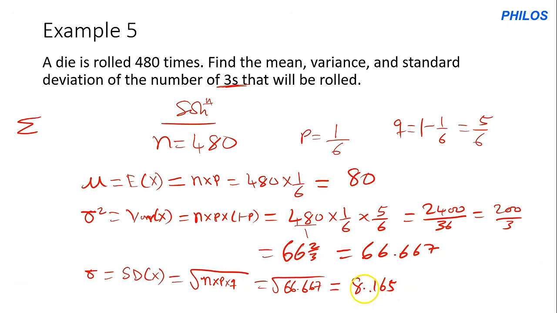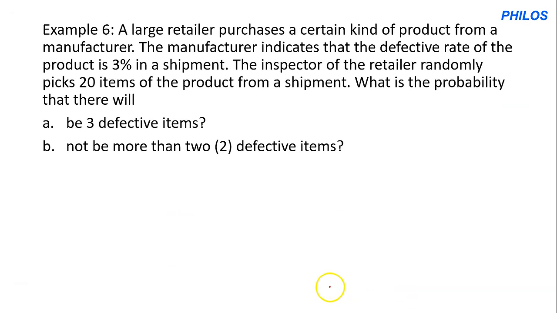So let's proceed to the next question. Question 6 says, a large retailer purchases a certain kind of product from a manufacturer. The manufacturer indicates that the defective rate of the product is 3% in a shipment. The inspector of the retailer randomly picked 20 items of the product from a shipment.